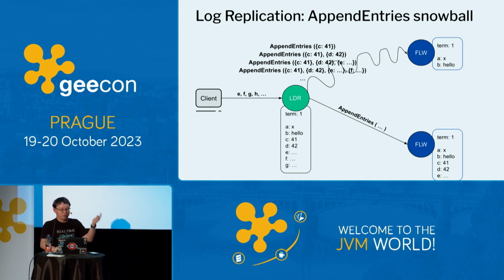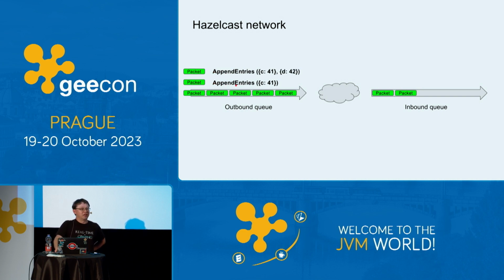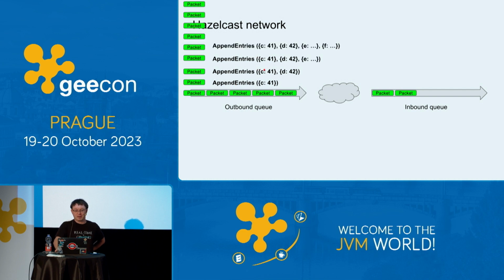And at some point in time, coming back to our previous picture, this packet will show that this is the append entries message. This is another appended message with the previous one. Then you have the out-of-memory exception, as all messages are stacked in the outbound queue, and the problem is that it is on the leader's outbound queue, and the leader will crash with the out-of-memory exception.